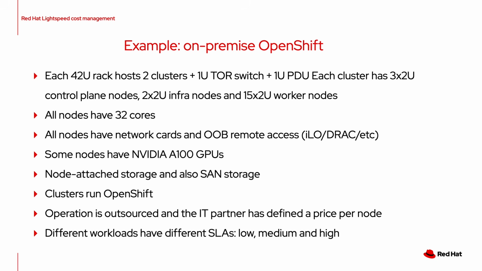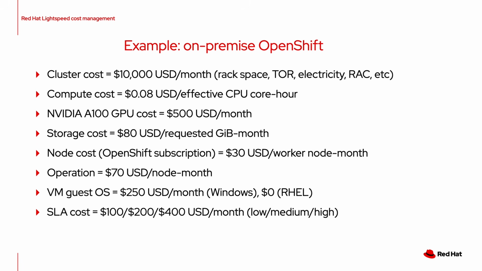In this case, with this real world example, I will translate this into this. I have talked to my finance people and I have calculated that my cluster cost is going to be $10,000 per month for the rack space, for the top of the rack switch, for the electricity, for the remote access and other things. Then I'm going to say that I have 8 cents per effective CPU core hour.